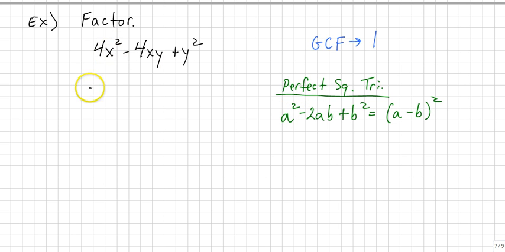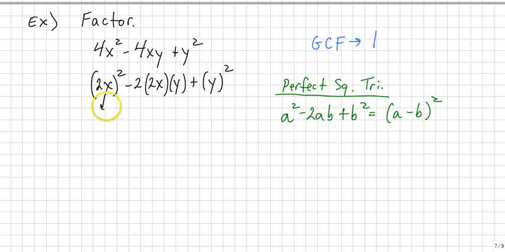Well, 4x squared would be 2x squared. And I need it to be minus 2 times something else. Well, it has to be 4, so 2 times y. And then plus y squared.